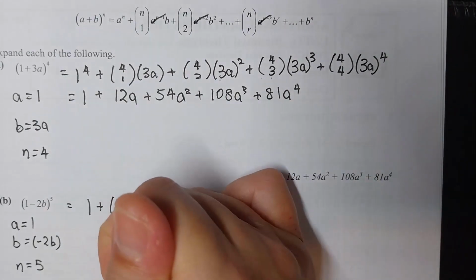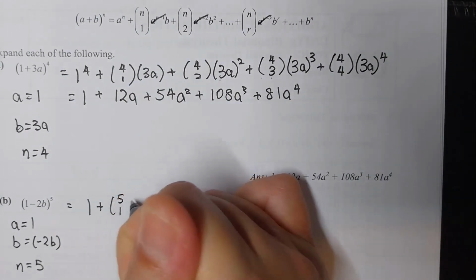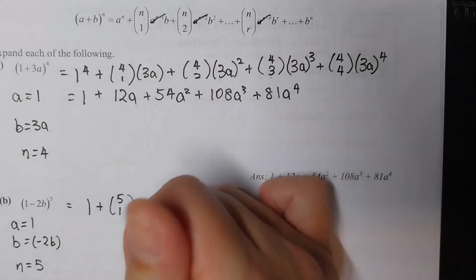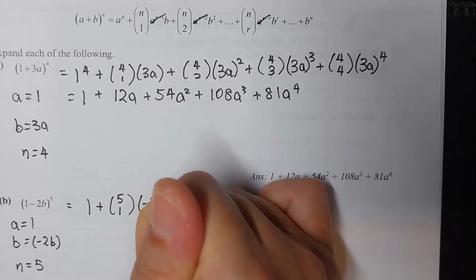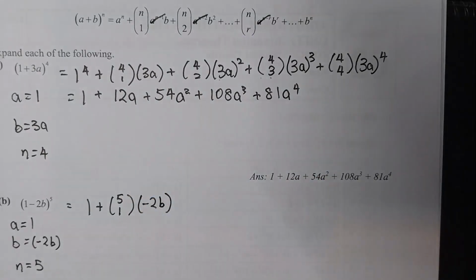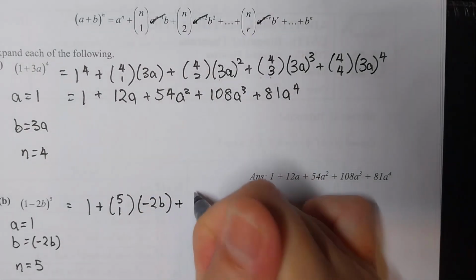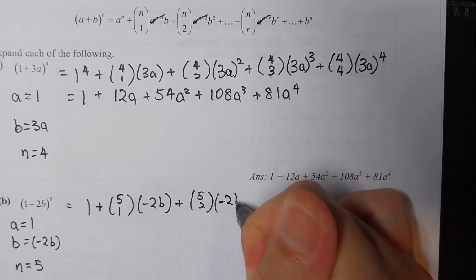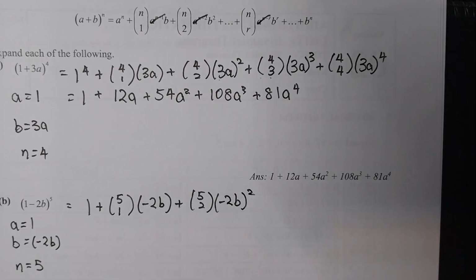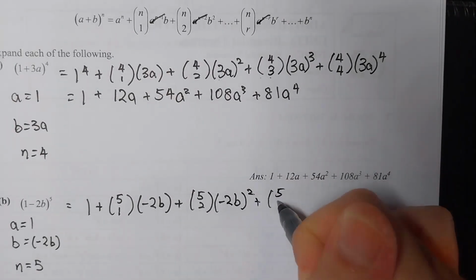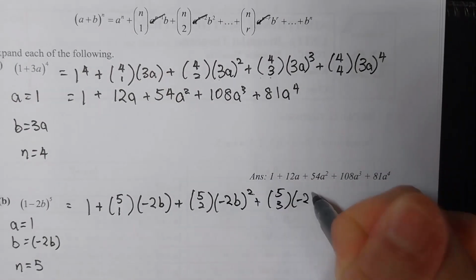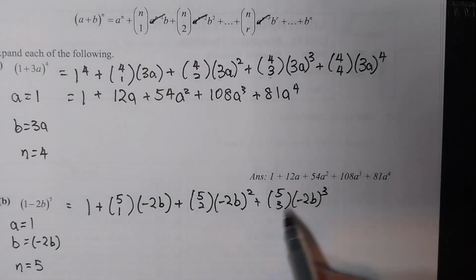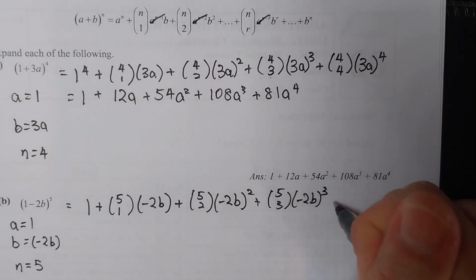n choose 1, which is 5 choose 1, and the value of b is negative 2b. Followed by 5 choose 2, negative 2b square. Followed by 5 choose 3, negative 2b cubed. Once again, remember, the value of r and the power here are the same.